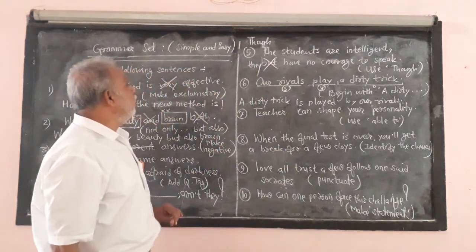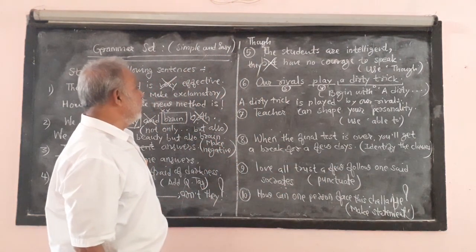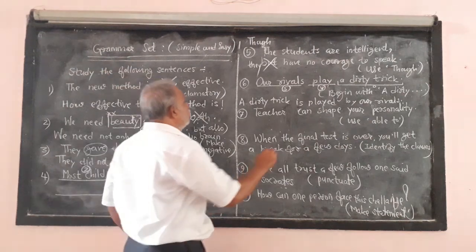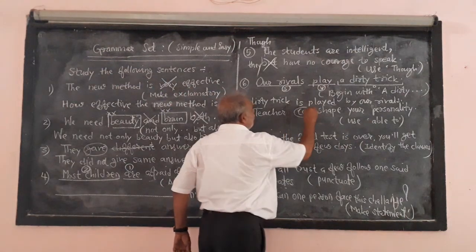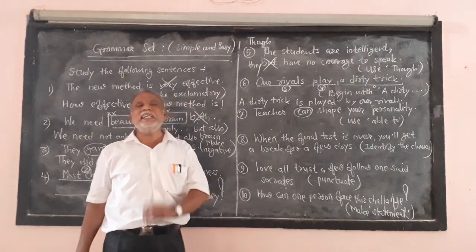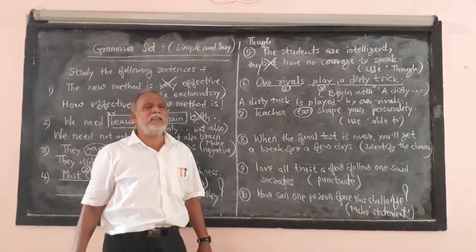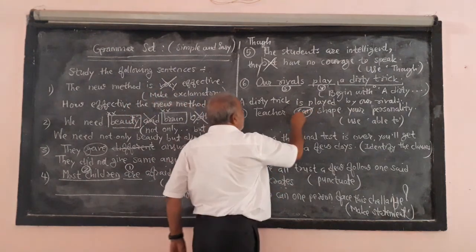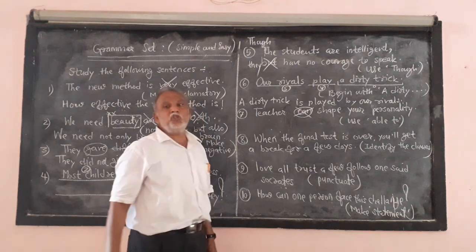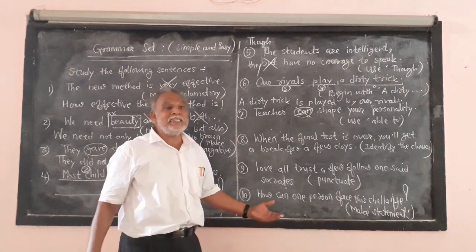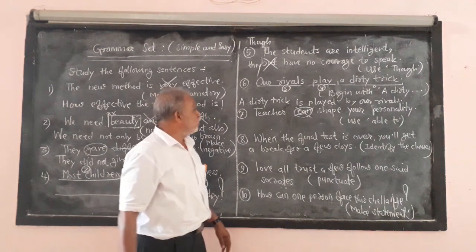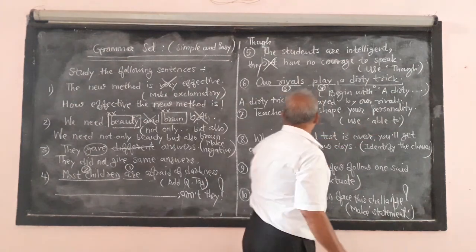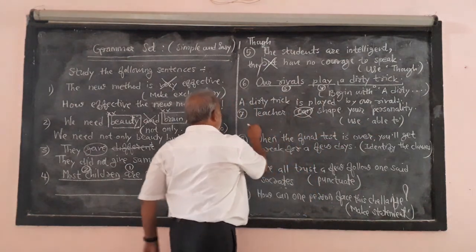Teacher can shape your personality. Use able to. Your first attention should go to can or could. There is can or could in the sentence. This sentence has can, so remove this can. Can shows ability. Could shows ability. Can is present tense and could is past tense. So we have to use able to, with to be.